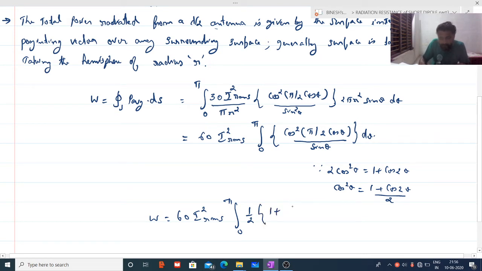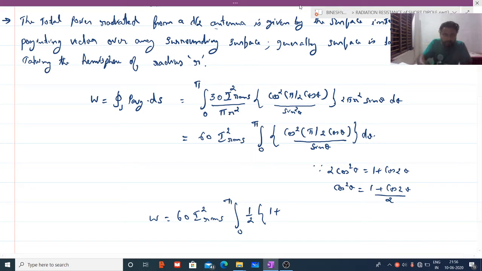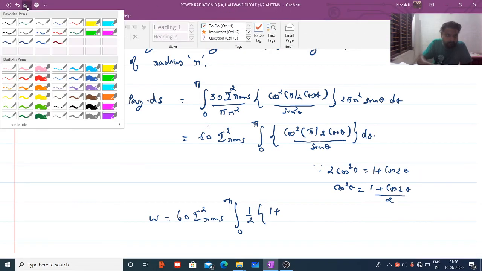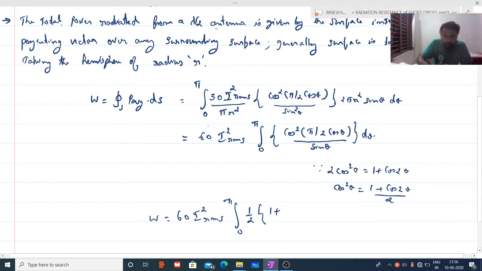Theta is nothing but pi by 2 into cos theta. Cos square theta is nothing but 1 plus cos 2 theta, divided by 2. So I will consider this term as theta.